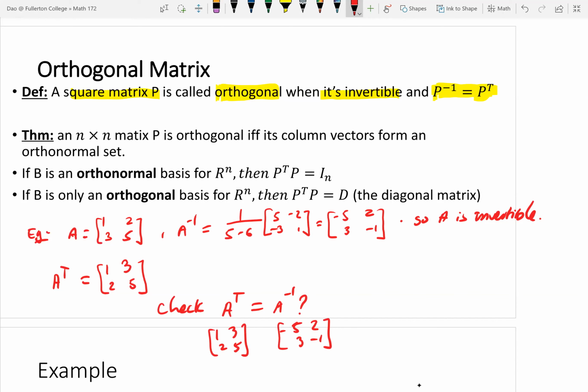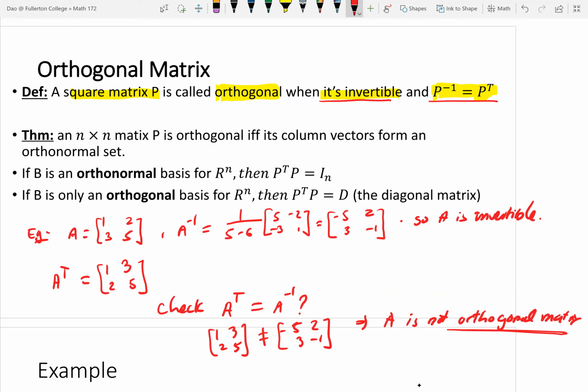So clearly they are not equal. So A is not an orthogonal matrix. Make sense? So that's the definition. That's what it means. It has to be invertible, and this has to be true.